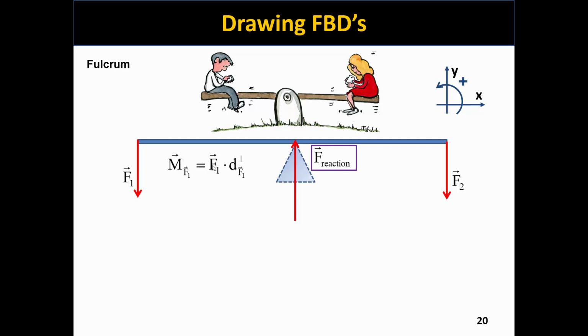And that's going to be a function of the magnitude and direction of the actual force applied, and that's the weight of the child on the left hand side, times the distance of that force application to the point of rotation, and that line that measures the distance is a perpendicular line at a right angle.